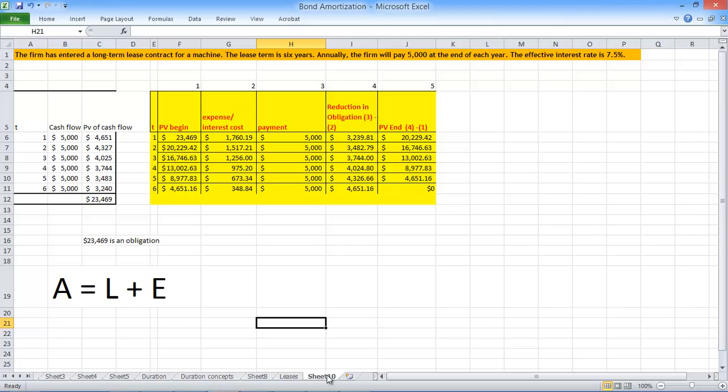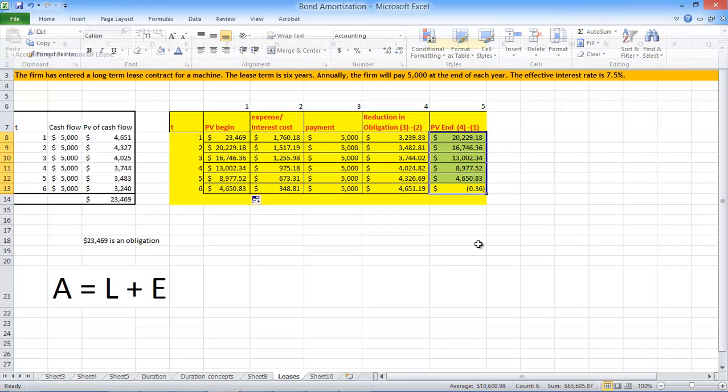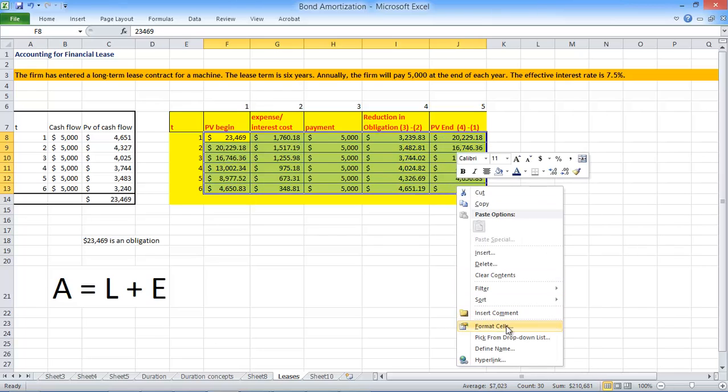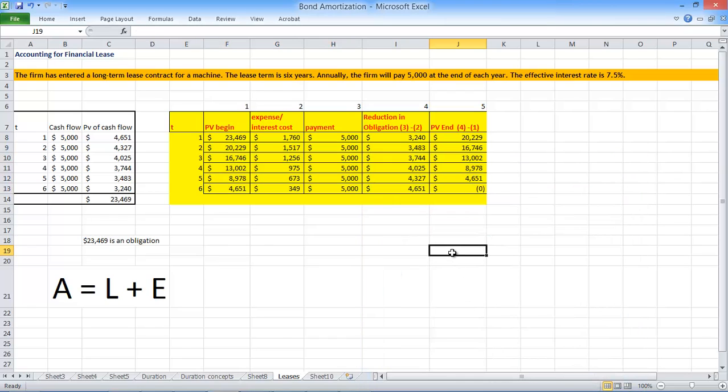Let me just see what happens. Yes, it's some rounding. Let me just format this. Now here you see we had to format it.